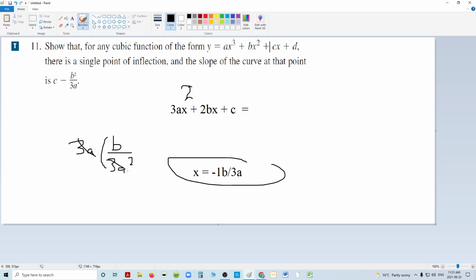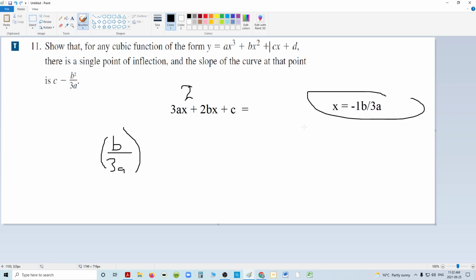These cancel out, so it just becomes b squared over 3a, plus, oh, I had to keep that, sorry. And this is the x value at the point of inflection, and I have to put it in here to figure out what the slope will be.